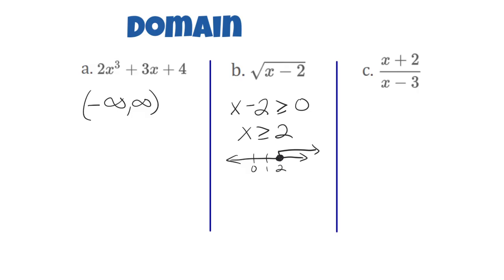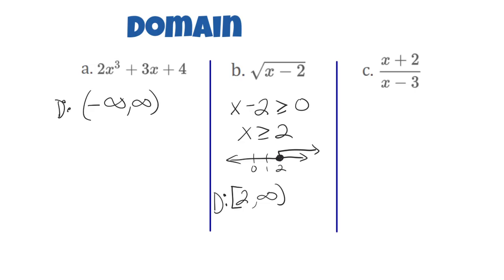So when we write this in interval notation, we're always going to write what the lower bound is, the lowest it can be, and that's 2, but it can equal the 2, so I put a bracket. The arrow shows that it goes all the way to infinity, so then the domain, and I should probably be putting a little d in front of here, these are your domains. This is what you're allowed to put in for x. We're going to come back to that radical one later on.